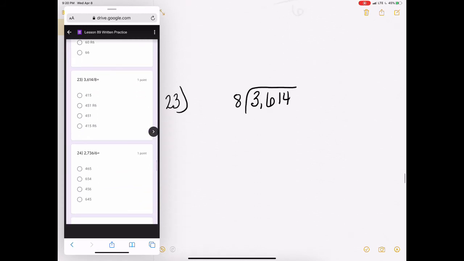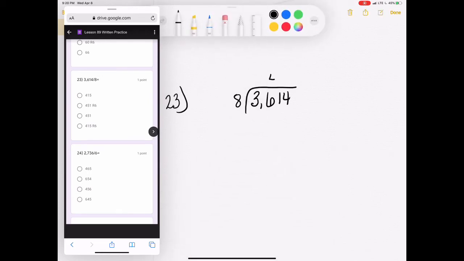Number 23, 3,614 divided by 8. Let's see, 8 times 4 is 32. So put the 4 up on the stage. 32. 6 minus 2 is 4.